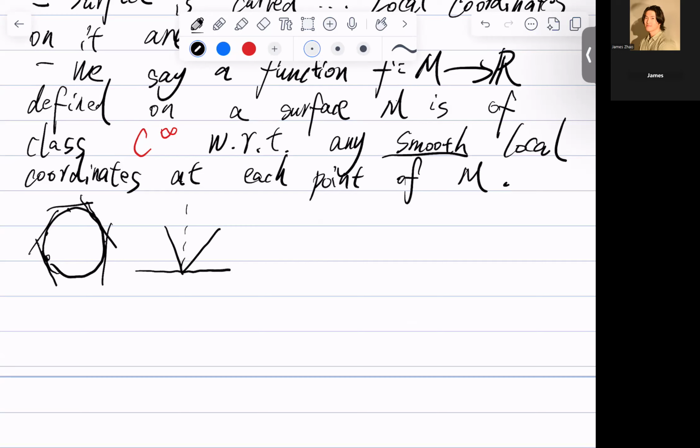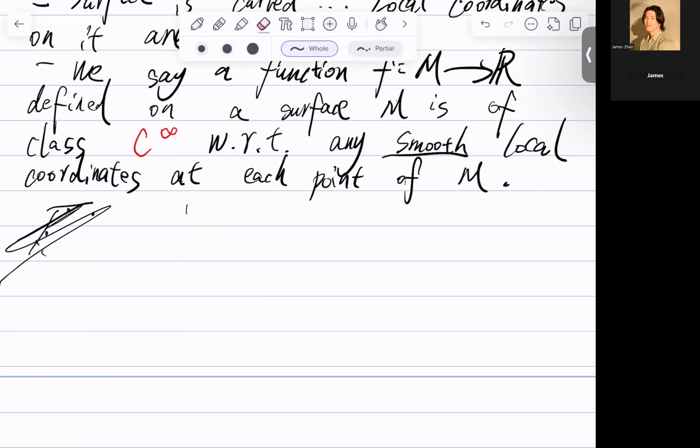Can you take the derivative here? You can't, so that's not desirable. That's basically non-smooth. Intuitively, a little sharp corner, a cusp, is not smooth. These are terrible drawings, but you get the gist.